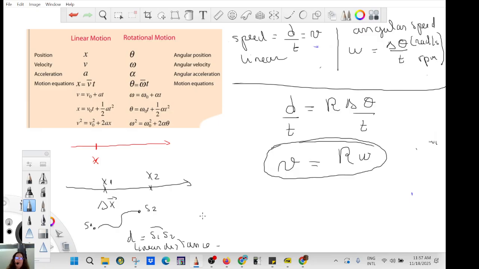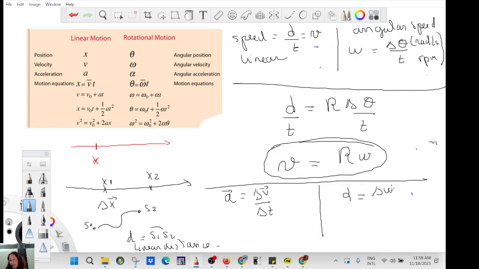And then you have the angular acceleration. Acceleration, remember, is delta v over delta t. It's a vector. So here we're also going to have angular acceleration: how fast it's spinning faster. In magnitude, the angular acceleration will be the same thing, delta omega over delta t.